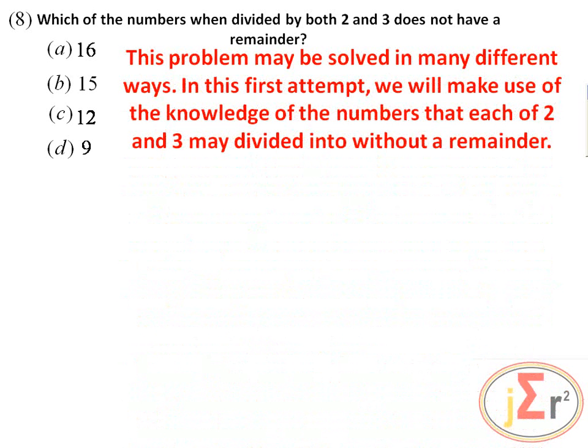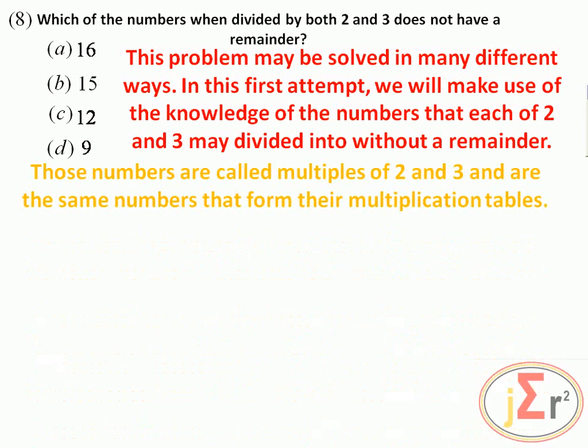This problem may be solved in many different ways. In this first attempt, we will make use of the knowledge of the numbers that each of 2 and 3 may divide into without a remainder. Therefore, we will make use of what we call the multiples of 2 and 3.